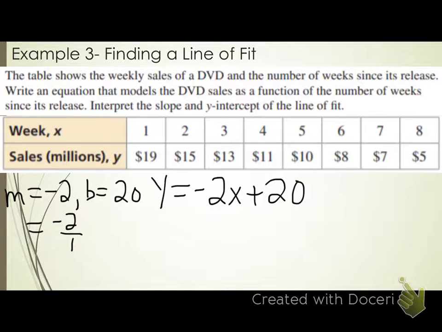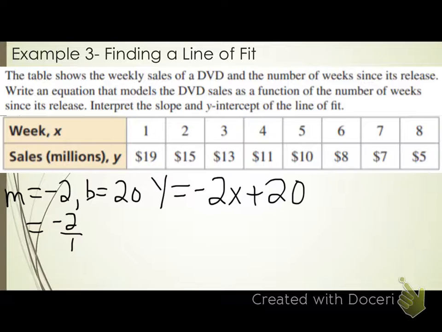Well, what do our x values mean? Weeks after its release. So if the x value is 0, that's 0 weeks after its release. Are there going to be any sales 0 weeks after the release? No. So our y-intercept does not have any meaning in this situation. That's what I would put. Does that make sense? It's all about the situation we're given.